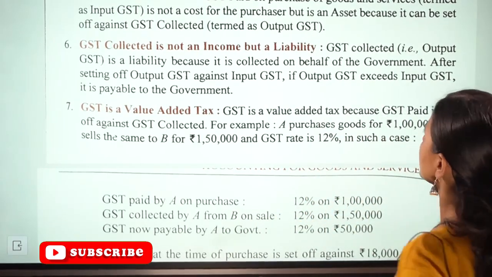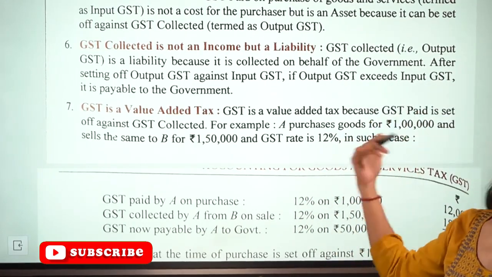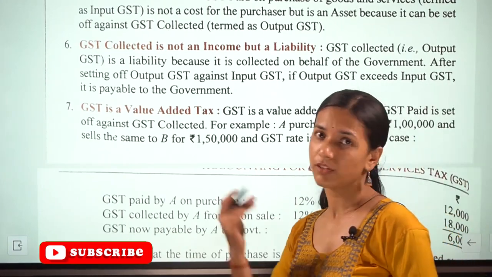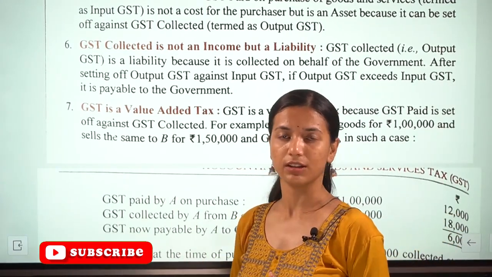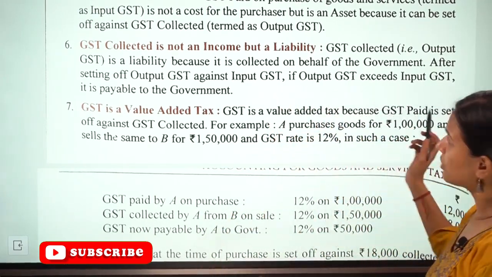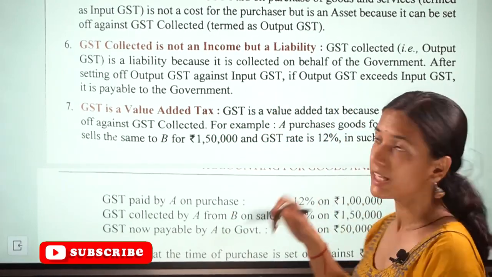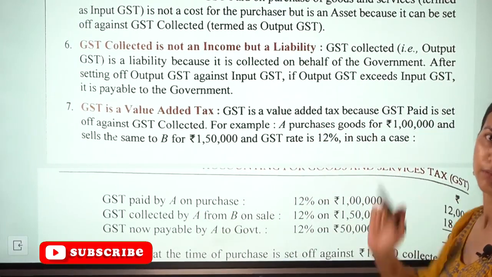So GST collected, that is output GST, is a liability because it is collected on behalf of the government. We are taking the GST from the customer, but this is for the government. We are not going to keep the money with us. We will take it and we will pay it to the government. So after setting off output GST against input GST, if output GST exceeds, it is payable to the government.